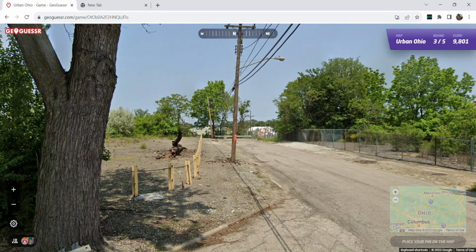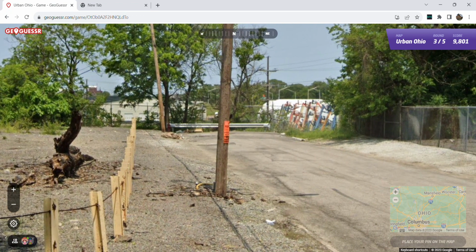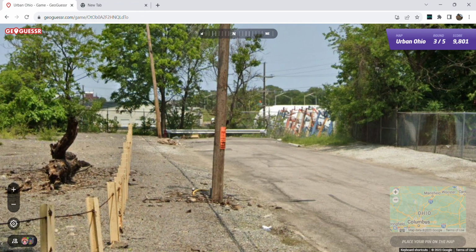Just like that last round, I'm really not getting much here, am I? Good thing Riverwatch meant the Ohio River on the last round. We're looking really industrial, that's for sure.